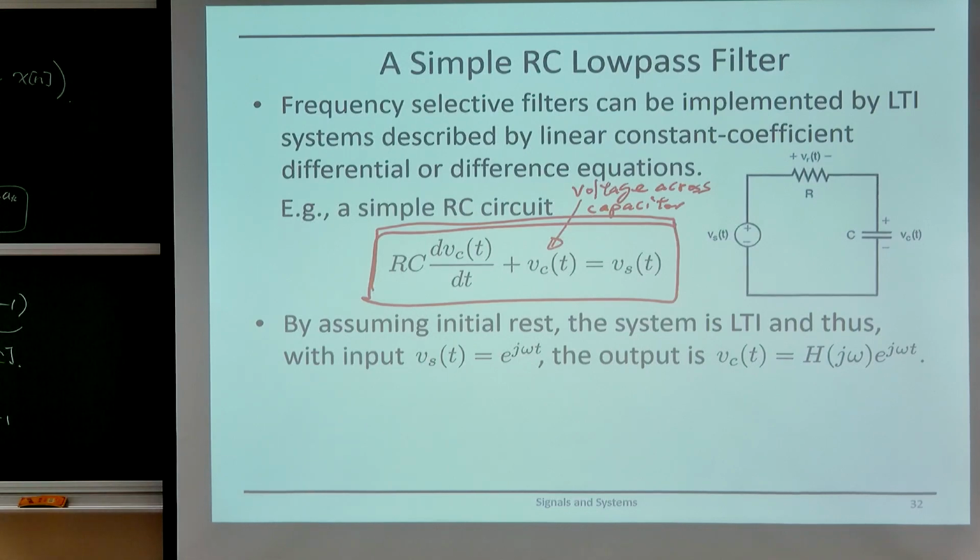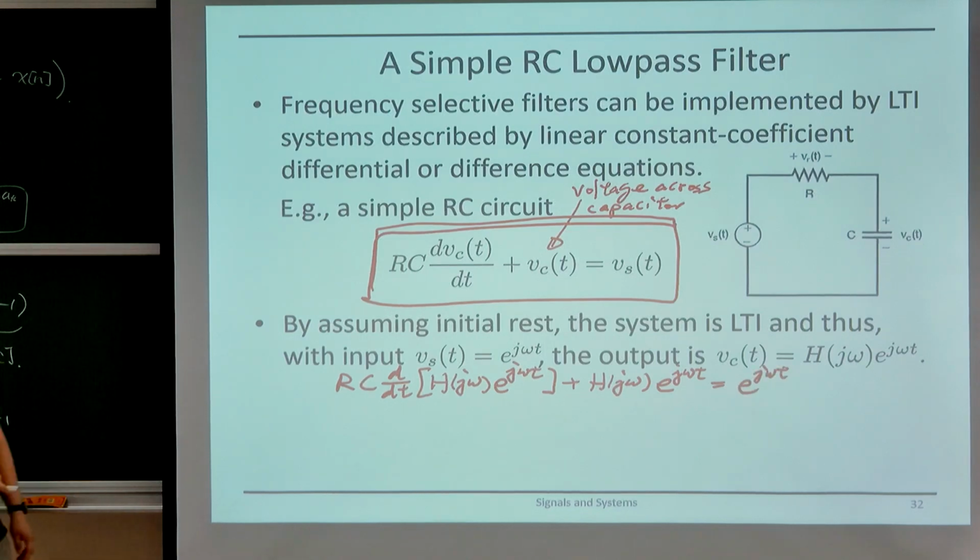This gives us RC times the derivative of h of j omega times e to the j omega t, plus h of j omega e to the j omega t, equal to e to the j omega t.